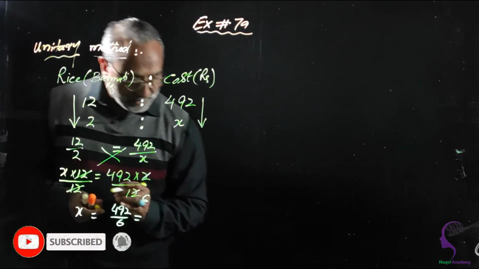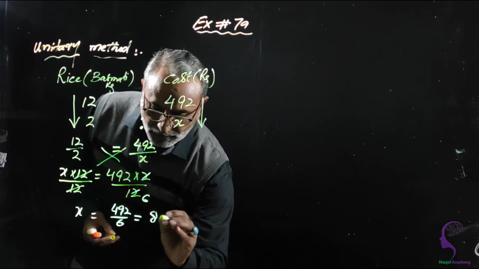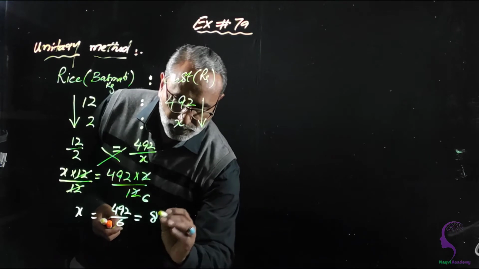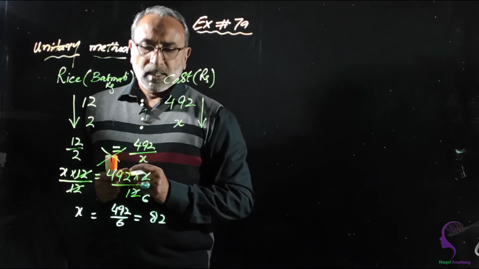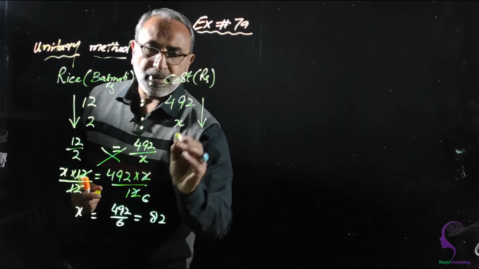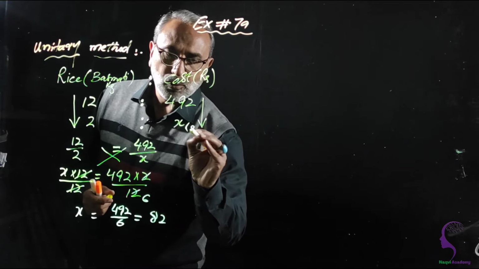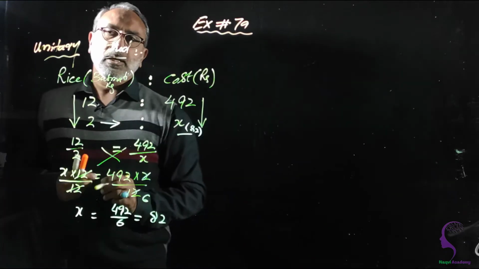You can cancel, and 8 times 6 is 48, 12, 6 to the 12. So what is the price of 2 kg rice? 82 rupees. So 82 rupees is the price of 2 kg basmati rice.